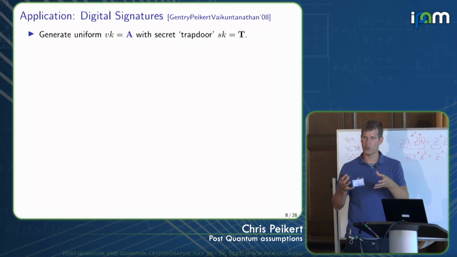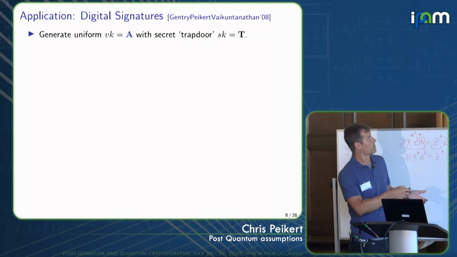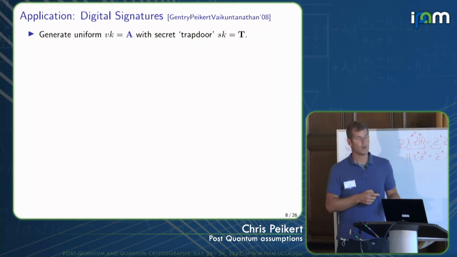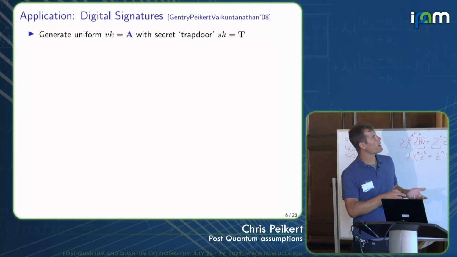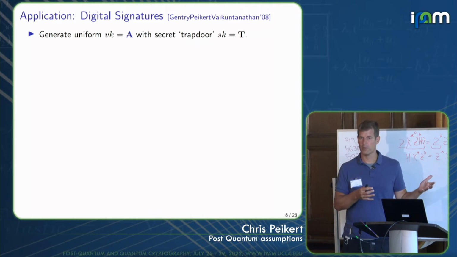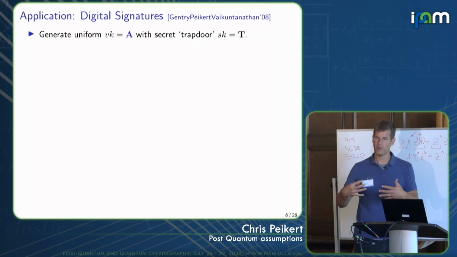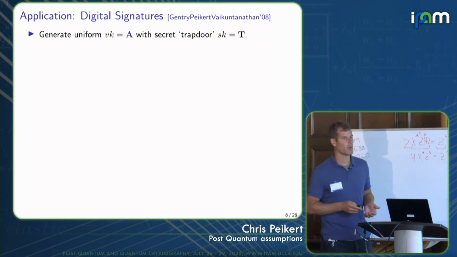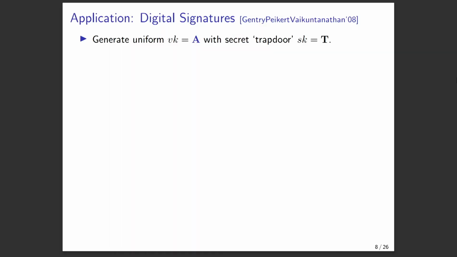She generates a bunch of short vectors, and then she munges them up and ends up producing a lattice, which is represented by this A. So given this A, it's hard to find short vectors in the lattice, but she has prepared it in such a way that she knows short vectors by construction. That's what her trapdoor T is going to look like, roughly.